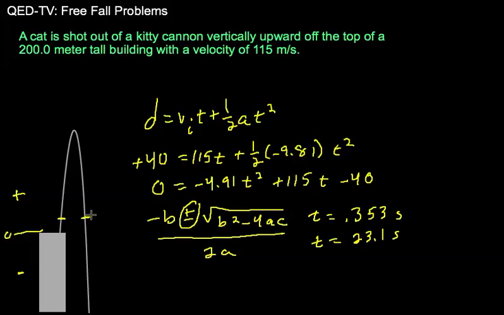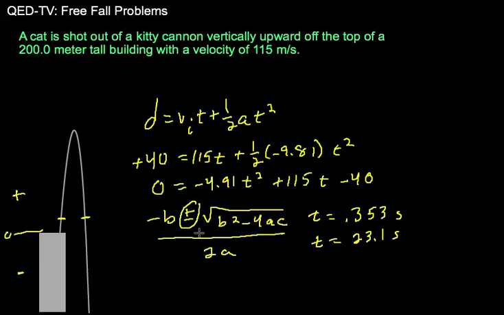That makes sense, because remember, it was about 23.45 to get back down to here, so it's a little bit less than that. It's not going to take very much time to go the next 40 meters. So this is a way to solve this problem.